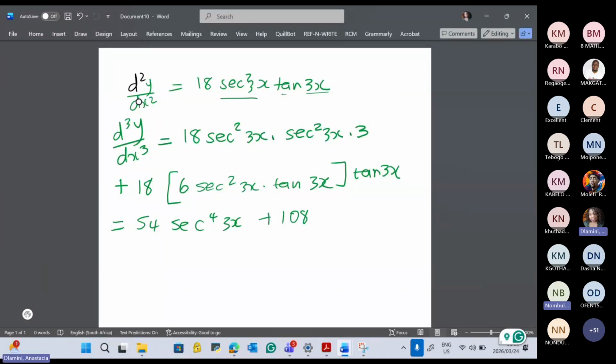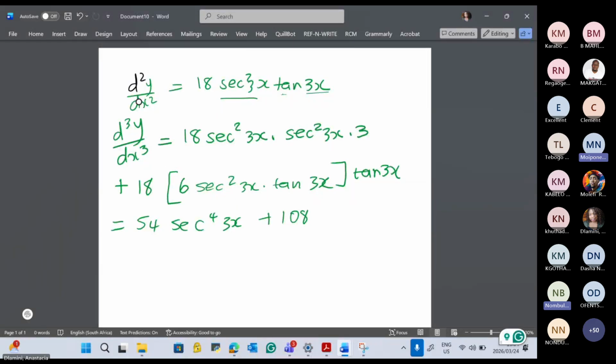But I don't think I'm getting what he's saying. So where did the other 3 come from? Which 3? Ma'am, was it our second derivative where we got our 18 tan 3x plus 18?